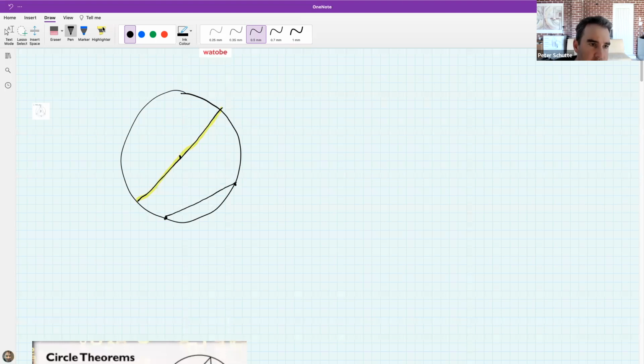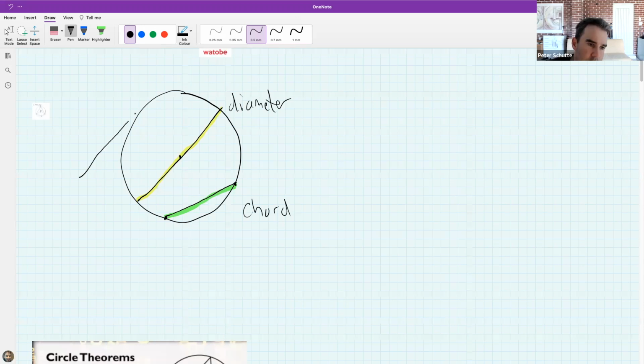I want to know what is the name of the green straight line. Okay, so the green straight line is indeed going to be a chord. So the green one is a chord, and the yellow one was a diameter.